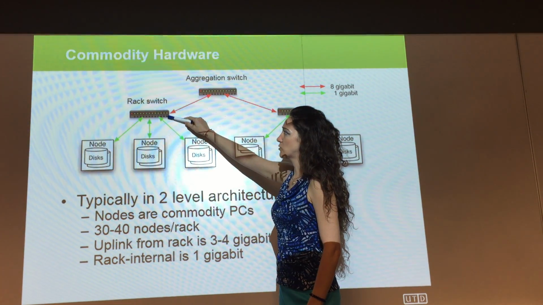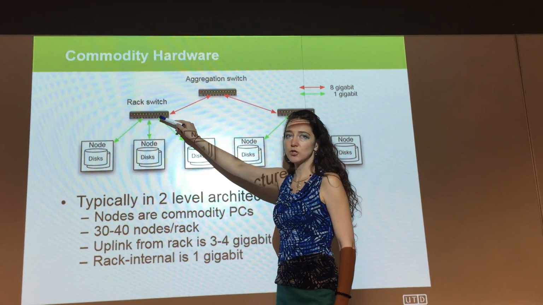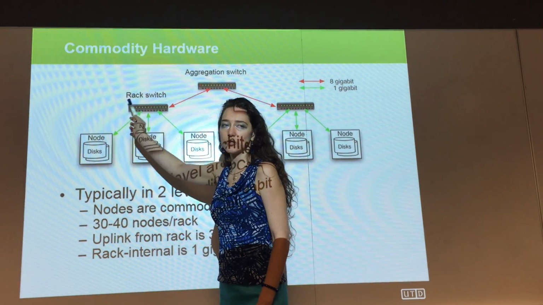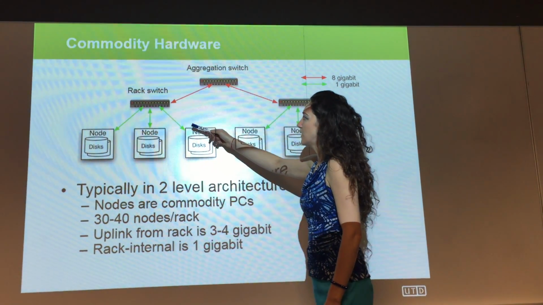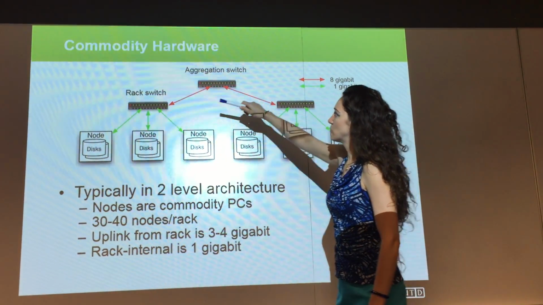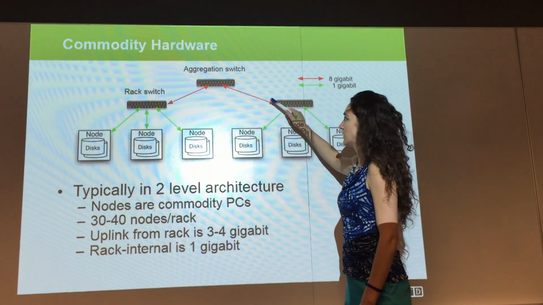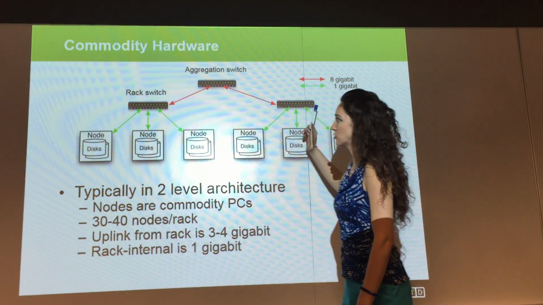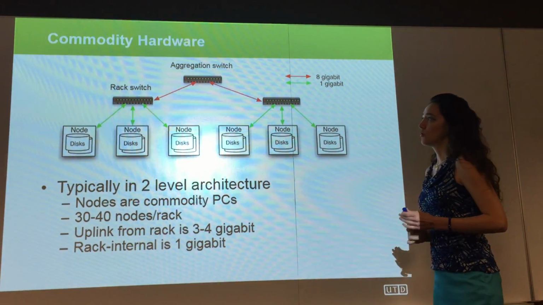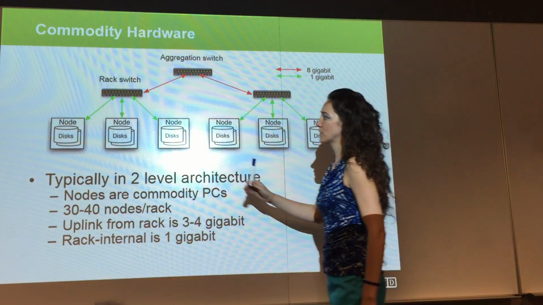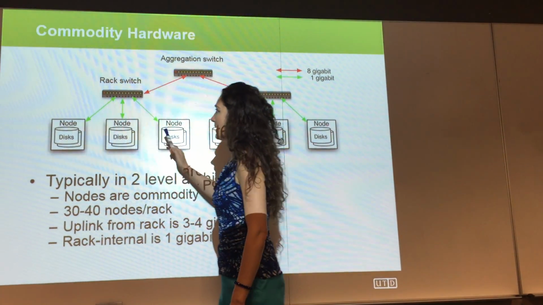This right here is a switch. That's an Ethernet switch, so the machines are connected to the switch through a network cable, and this switch is connected to another aggregation switch that has access to all of the switches or racks. So the rack switch controls the nodes that are part of this rack.